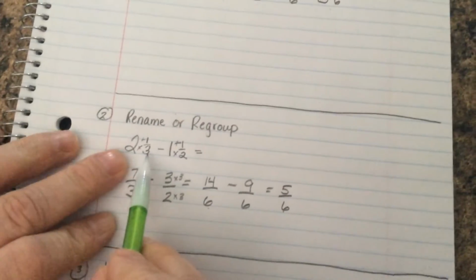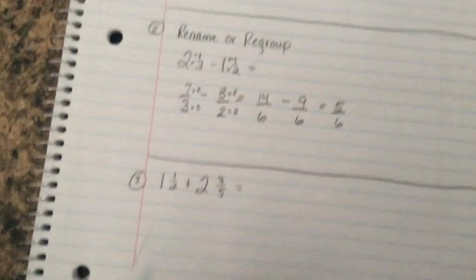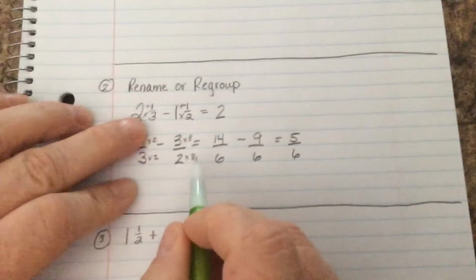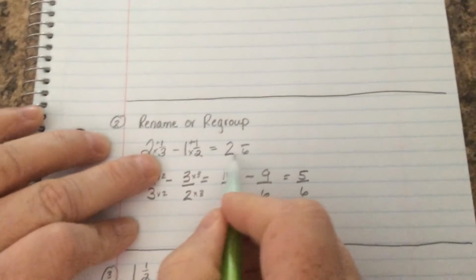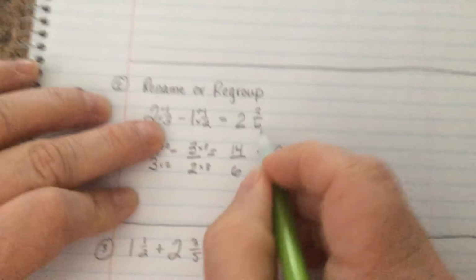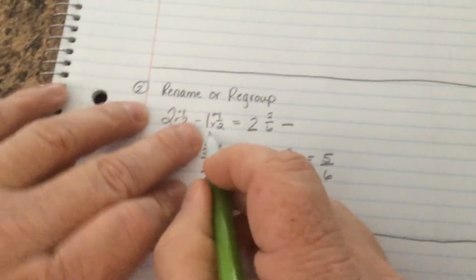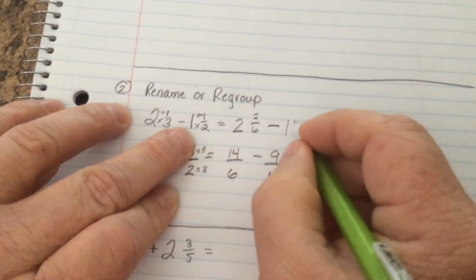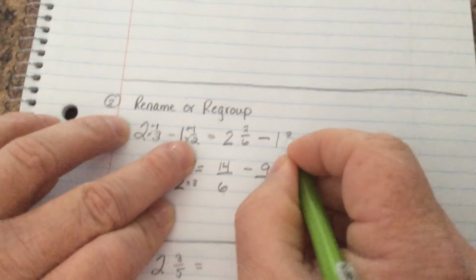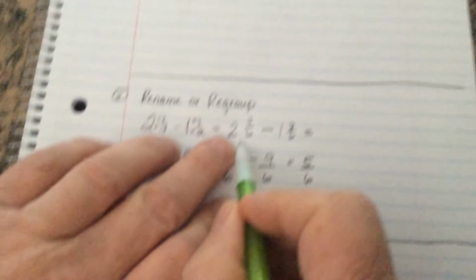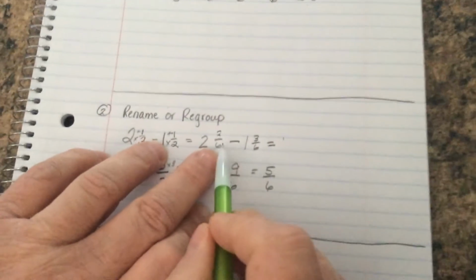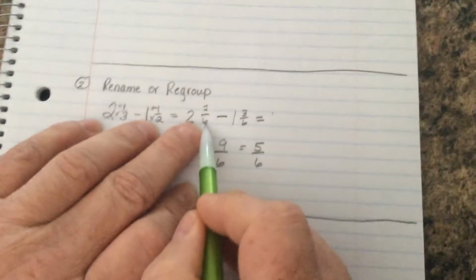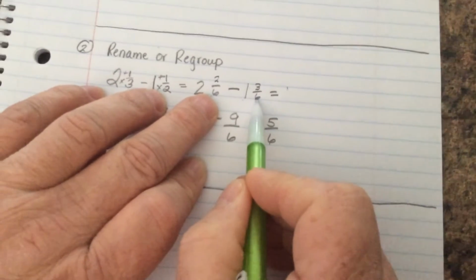Okay, now we're going to look at regrouping here. If we leave our whole numbers and change our fractions to a common denominator, 2 1/3 is going to be equal to 2 2/6 minus 1 1/2, which is 1 3/6. Now, if we subtract our whole numbers, 2 minus 1, we get 1. But when we look at our fractions, we only have 2/6 and we're trying to subtract 3/6.